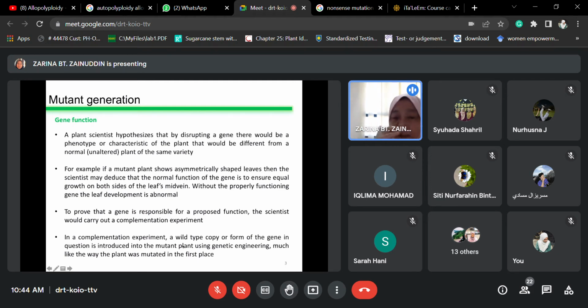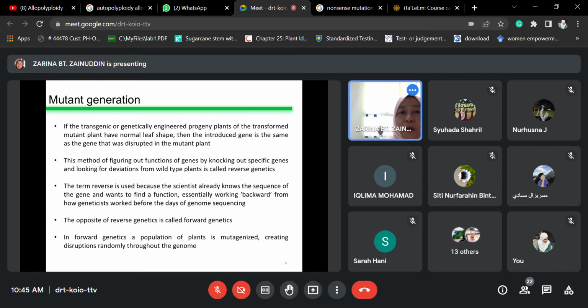So we expect that when we introduce it to the mutant, it will become normal. The technique to introduce the wild type copy is the same technique we use when we mutate the gene.